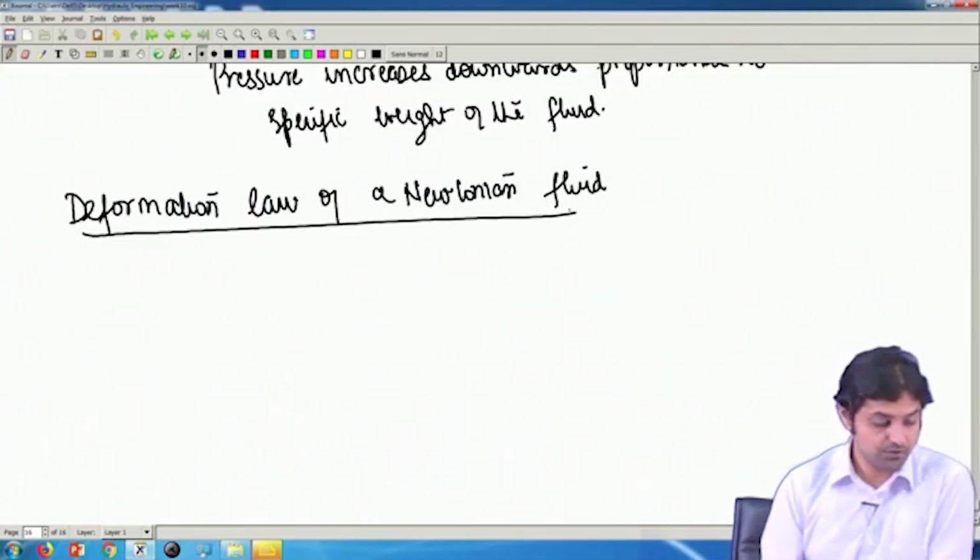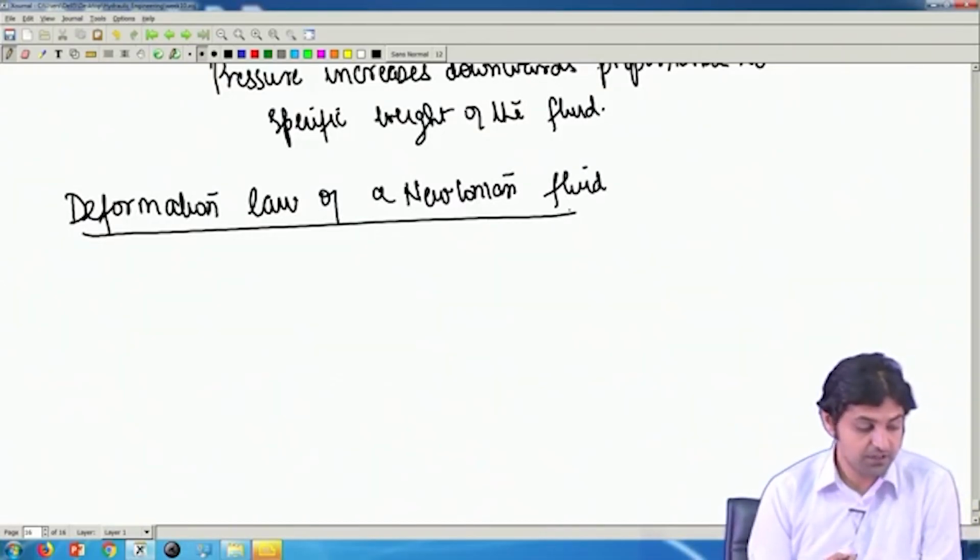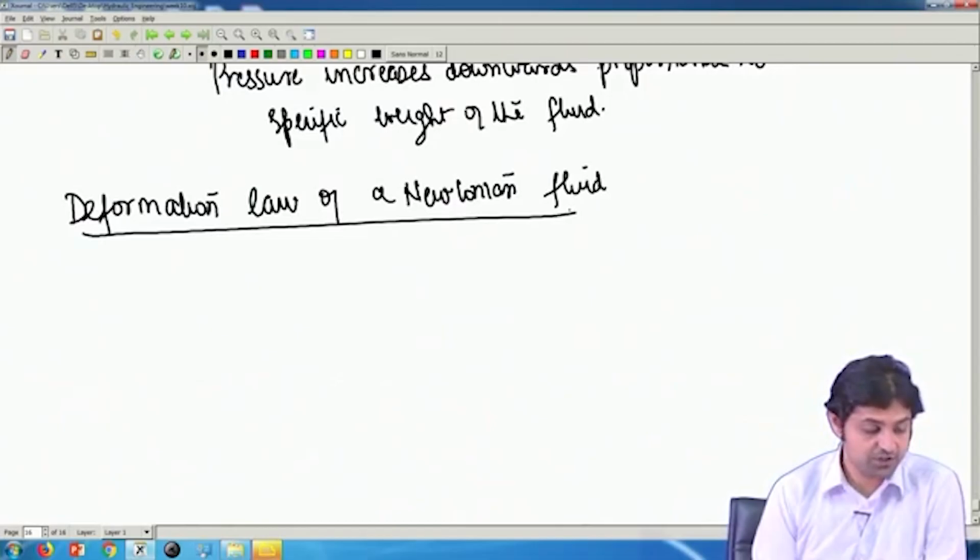Deformation law for a Newtonian fluid. So the idea was that we should be able to relate viscous stress to viscous strain. All right.